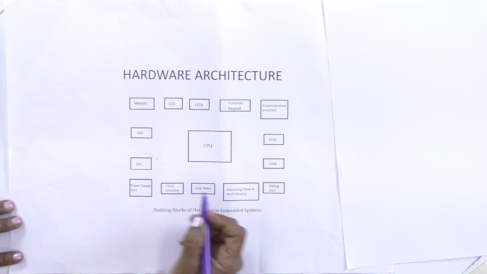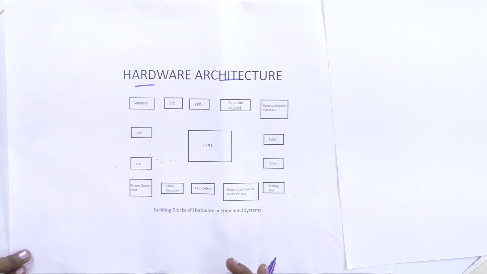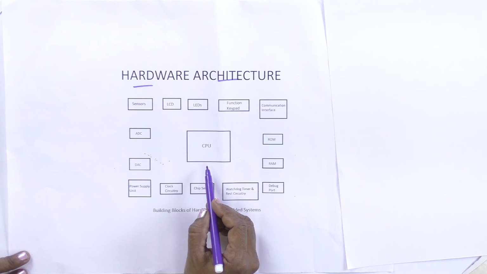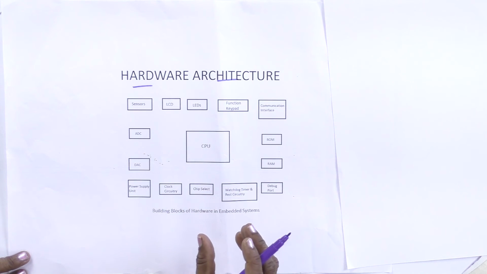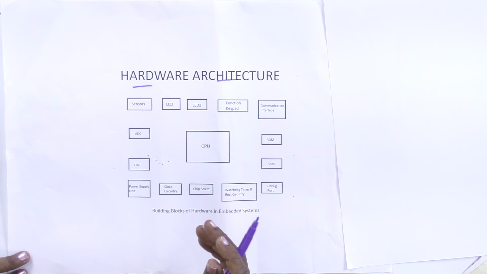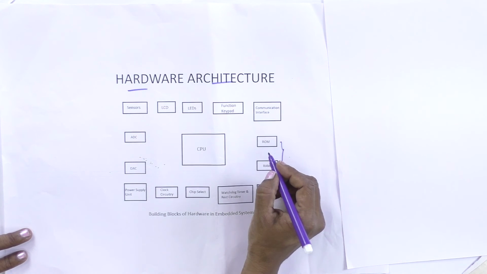So today we have discussed the hardware architecture. In the hardware architecture, we have seen the CPU in various modes of architecture: von Neumann, Harvard, RISC instructions, etc. When we come to the memory, we have two types of memory.